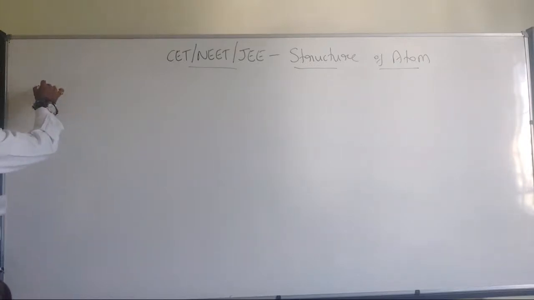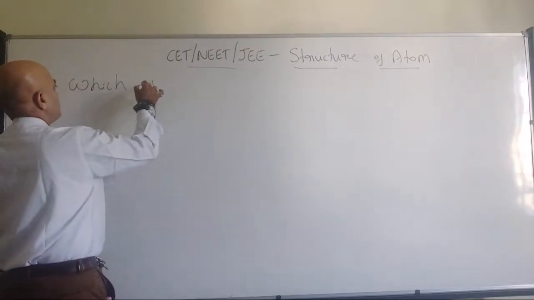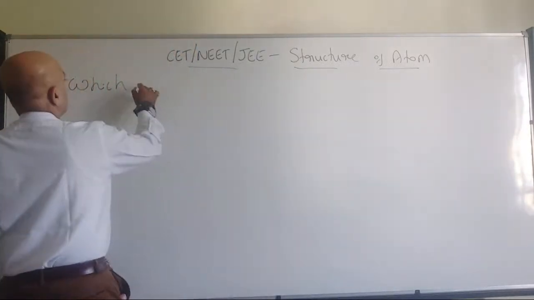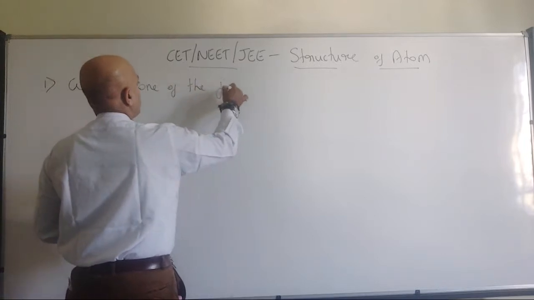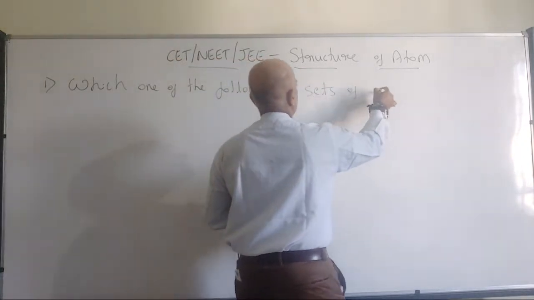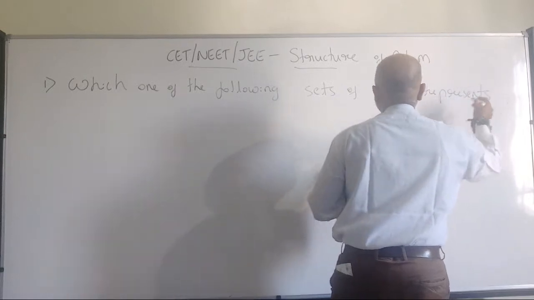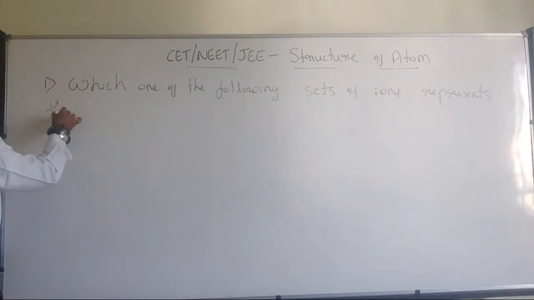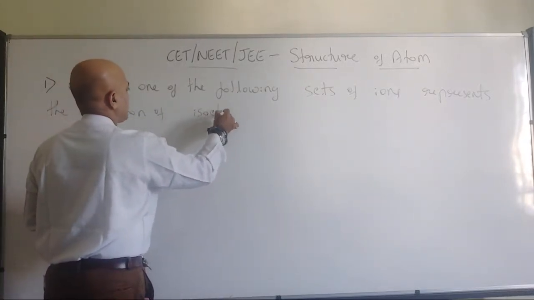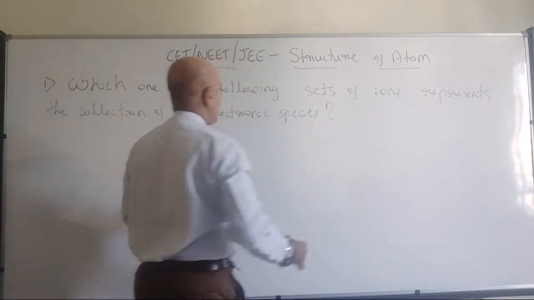So we will solve the first question. Which one of the following sets of ions represents the collection of isoelectronic species?